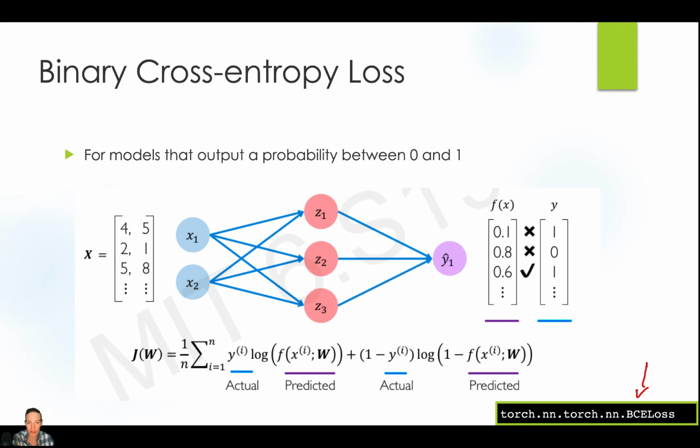But if you take your slides from last week, you see that this corresponds to the formula of binary cross-entropy loss, where we take the actual values and multiply them with the logarithm of the predicted values. We take 1 minus the actual value, and multiply it by the logarithm of 1 minus the predicted value.